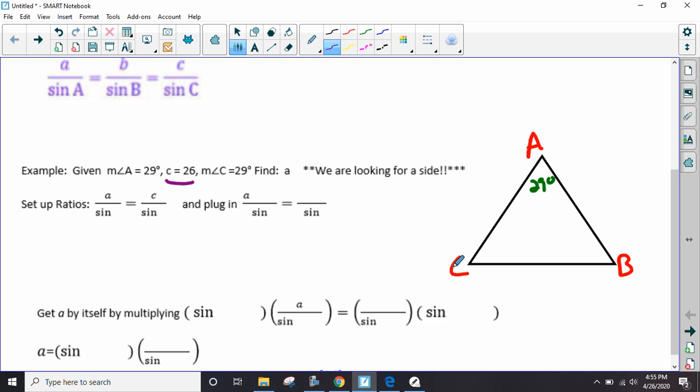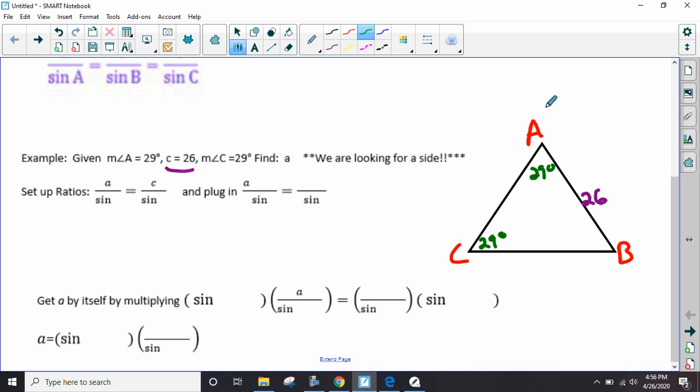So if capital C is here, I go across, 26. You can fill it out any way as long as the corresponding length goes with the corresponding angle. This is also 29 degrees, so it's an isosceles triangle. We should already know what the side length is if you're paying attention, but this is a good way to make sure we get it right.